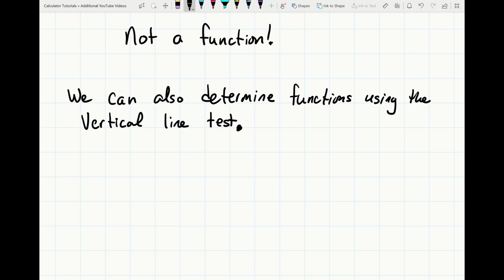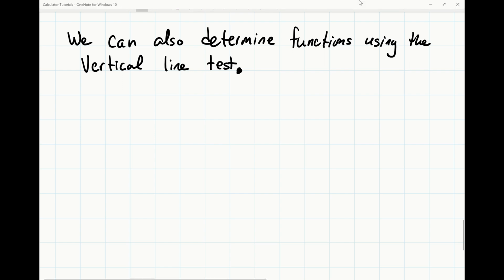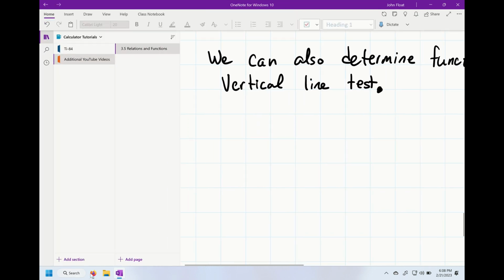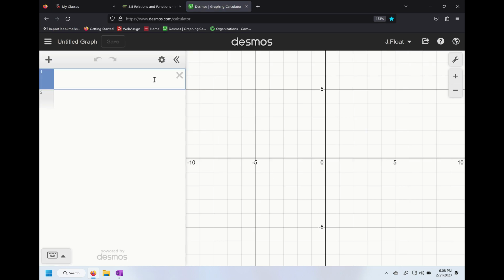All right, so let me show you how this works. I'm going to pull out a graphing utility. For me, I use Desmos. And I'm just going to type in some equations right now.